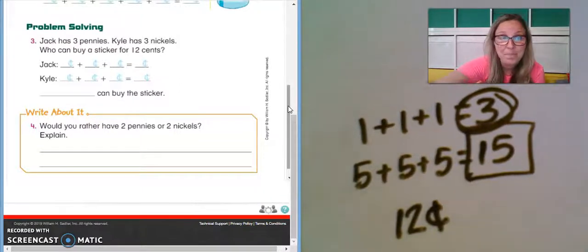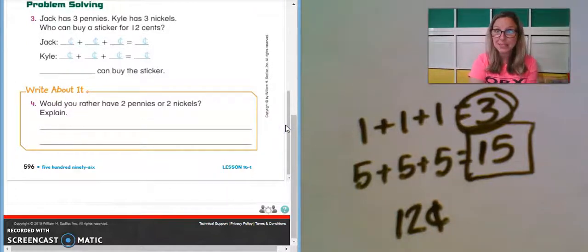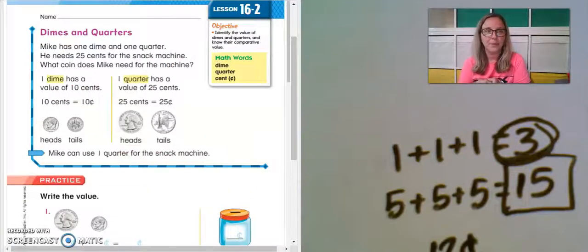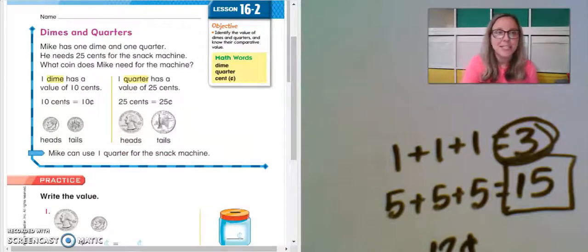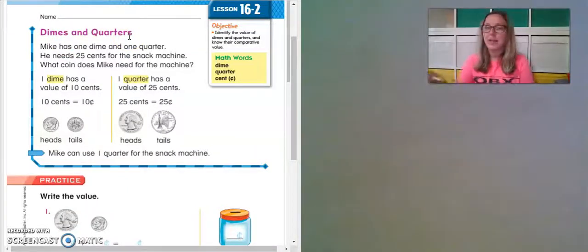Okay? All right, now we are going to go on to the next few pages where we talk about dimes and quarters. So if you turn now to the next page, the top of the next page says dimes and quarters. We just talked about in our past few pages a penny.